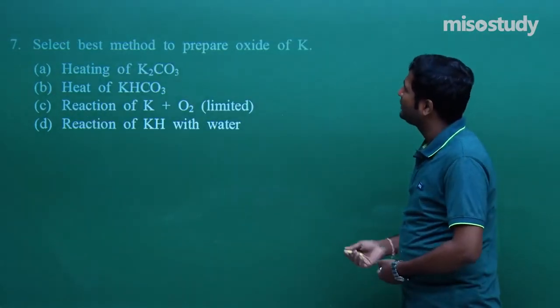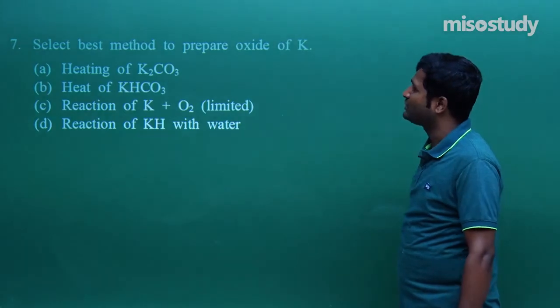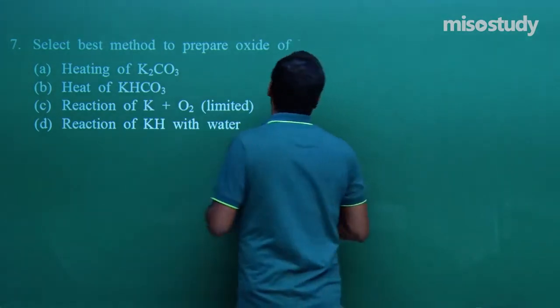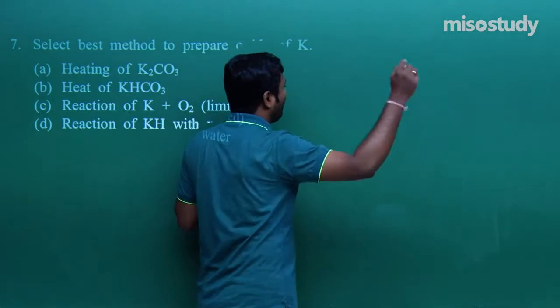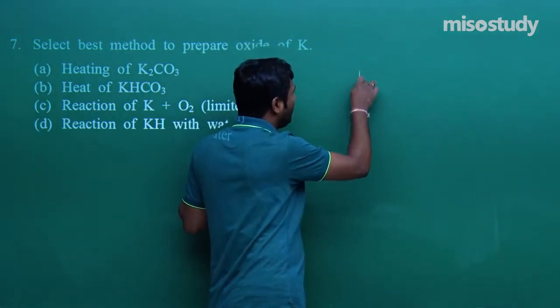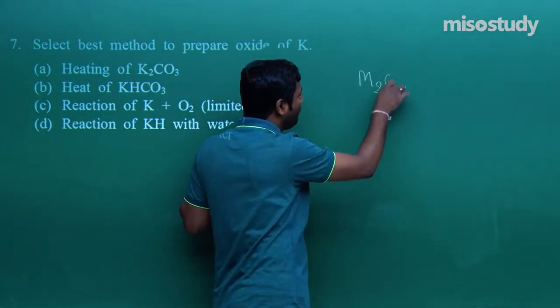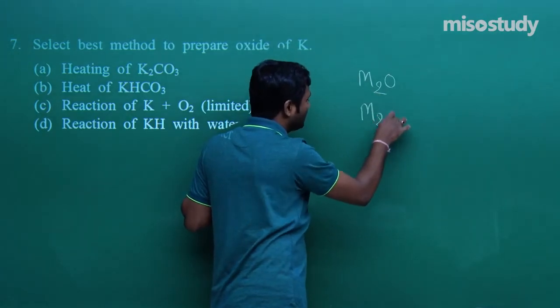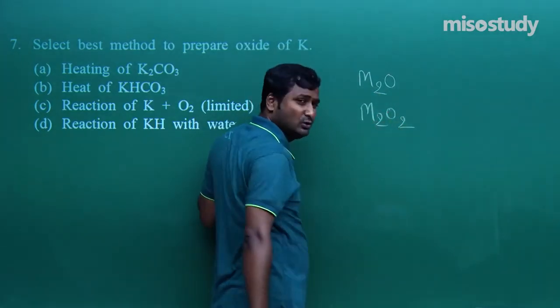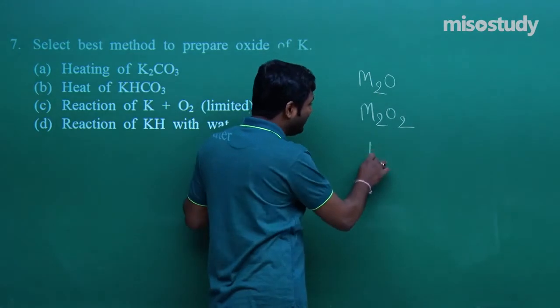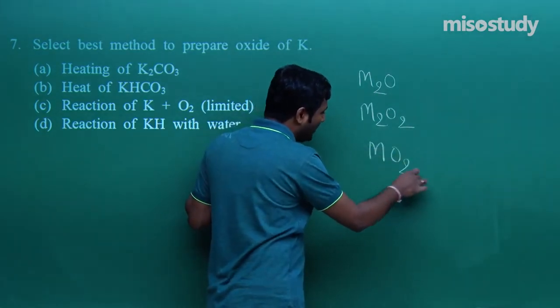Select the best method to prepare oxide of potassium. As we know, for group 1, they form oxide of the formula M2O, normal oxide. They form oxide of the formula M2O2, that is peroxide. They form oxide of the formula MO2.